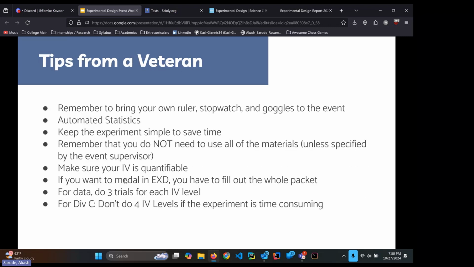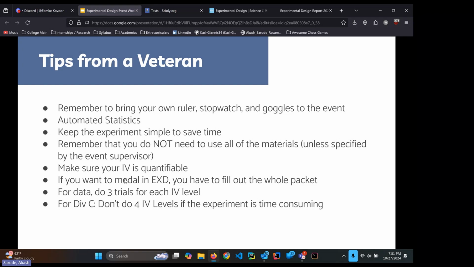The reason you want to make sure that your IV is quantifiable is that it ensures that you don't lose points in sections like graph, where you are basically forced to make a line graph if you want to get full points. So yeah, if you want to ensure that you get a full score in the test or get as many points as possible, make sure that your IV is a specific number.